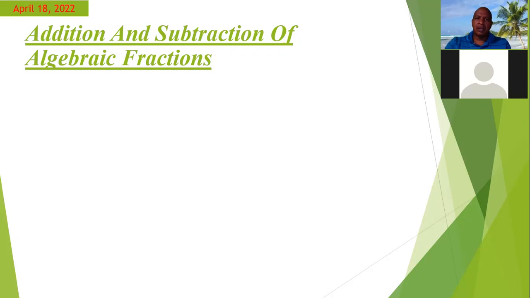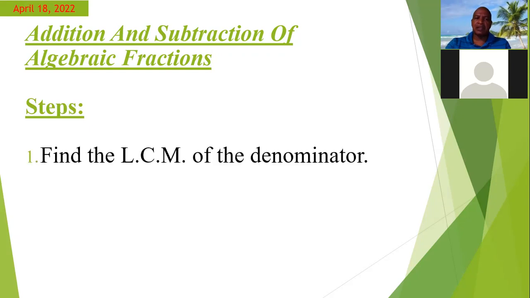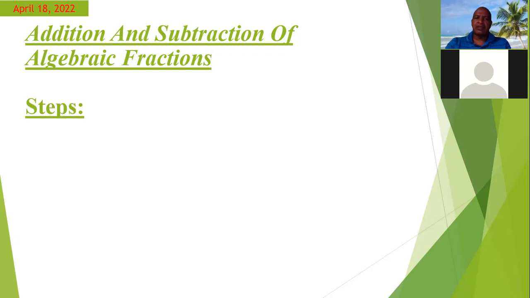The general rule for numeric fractions is that when you're adding or subtracting, if the denominator is the same, you simply add the numerators and keep the same denominator.